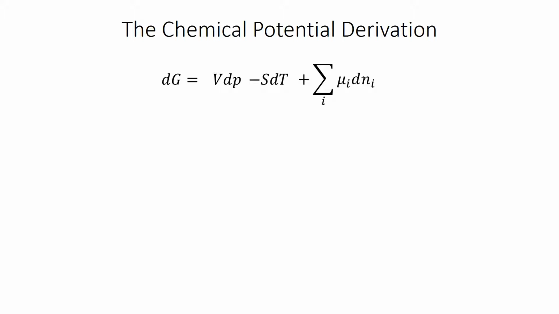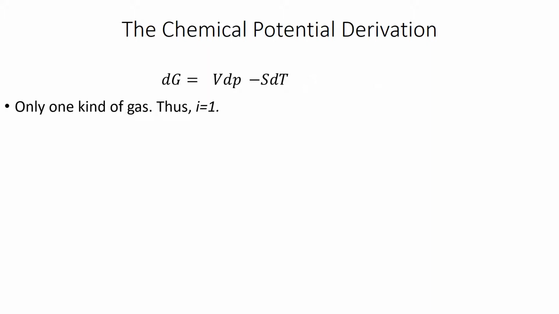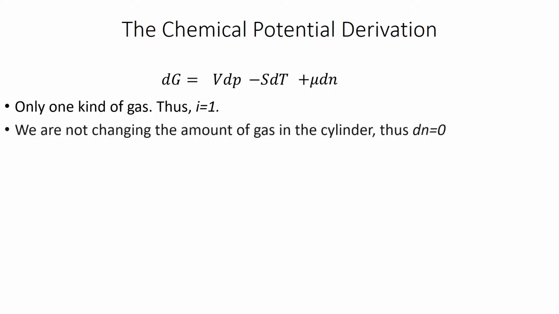All right, let's get to it. We know that here is the fundamental equation of chemical thermodynamics. And what we're going to say, there's only one kind of gas, right? It's nitrogen. Thus, I is equal to 1, and our equation just becomes this. Alright, we are not going to change the amount of gas in the cylinder. It is just sitting there in a lab somewhere.